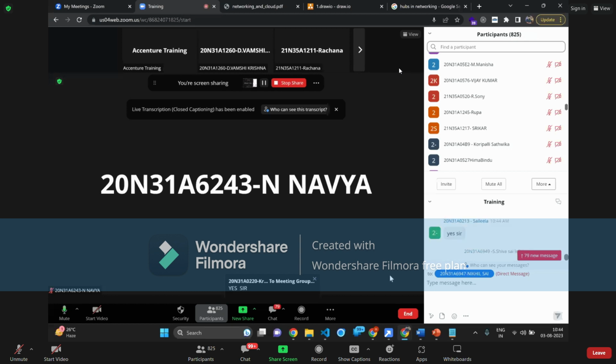I'll ask you a quick question. Which layer is responsible for encryption of data in OSI? Some say session, some say transport, some say presentation.